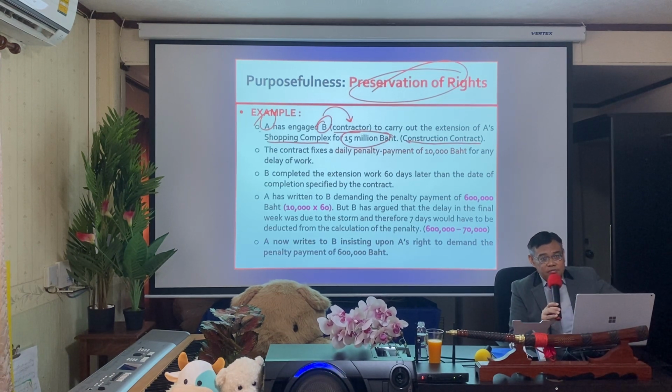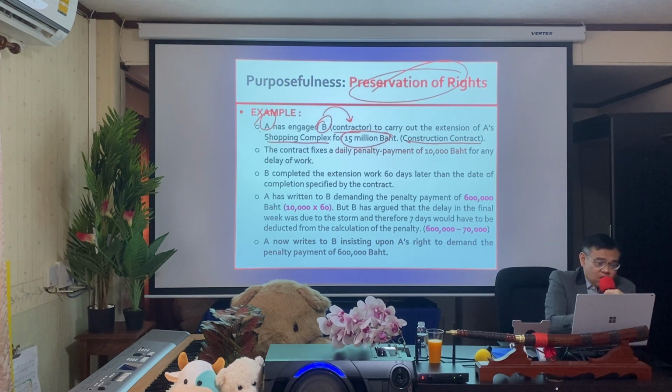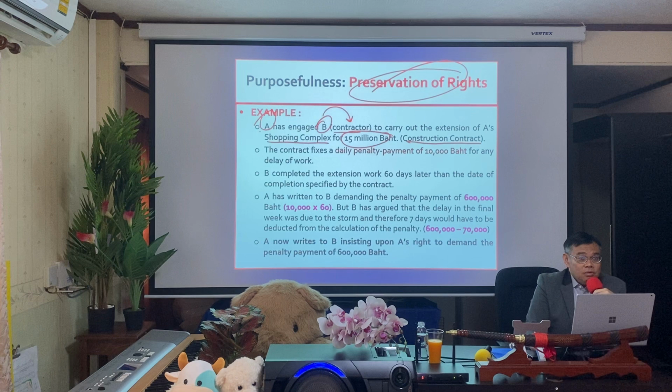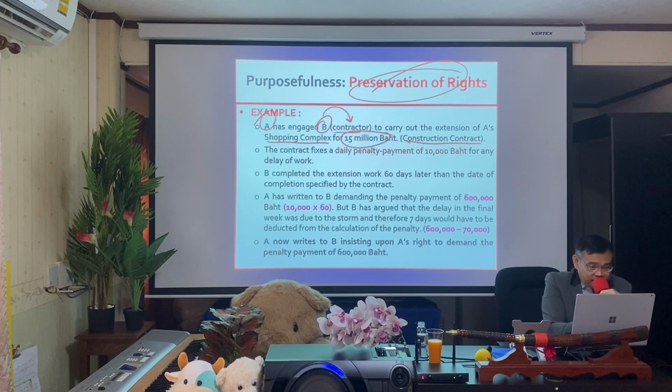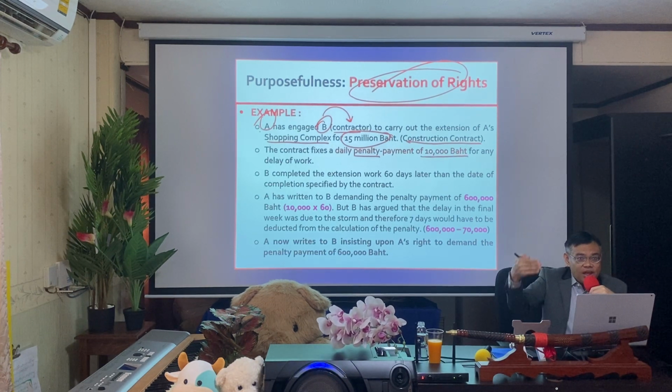According to this contract, if B, the contractor, delays in the construction, B is required to pay a penalty at the rate of 10,000 baht per day. So for each day of delay, B will have to pay a penalty of 10,000 baht.